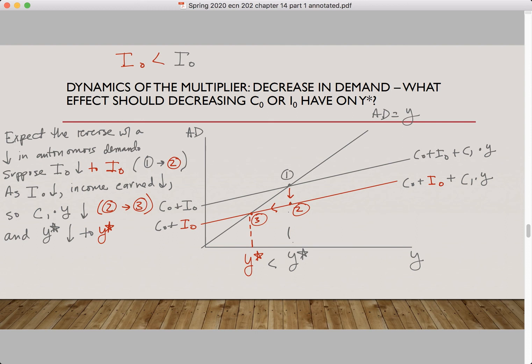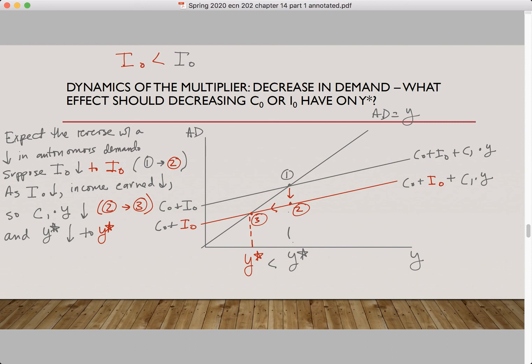The gray line was our initial position, and the red line represents a new scenario where we have the same autonomous consumption as originally, but now we have less investment expenditure. So how does this work? Well, we're going to expect an initial jump from 1 to 2 as investment decreases.